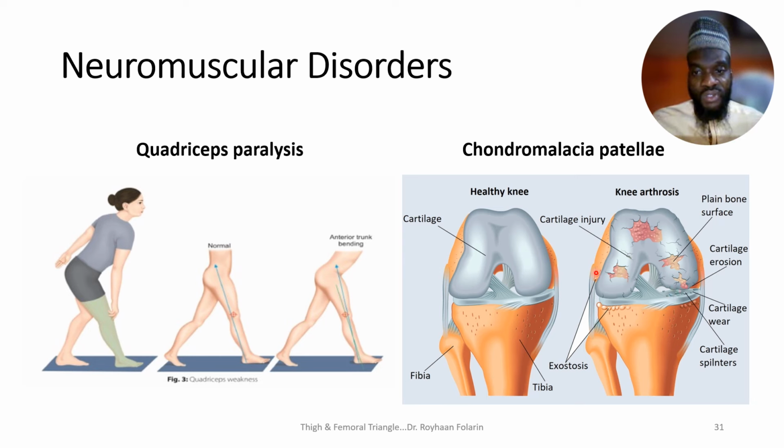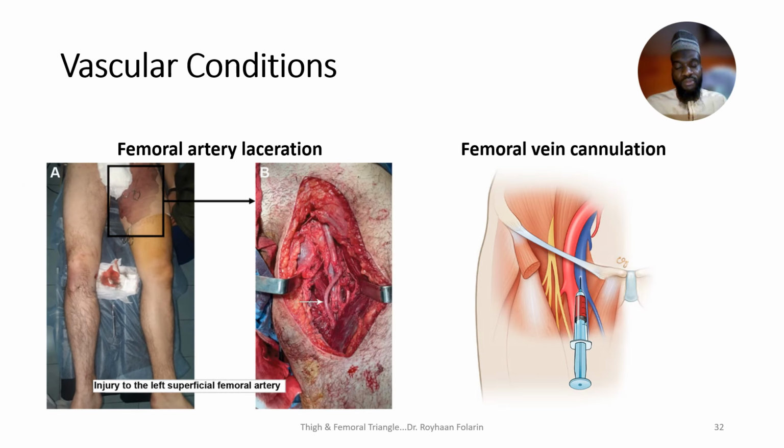So all of this is what happens in chondromalacia patellae. So chondro, like I said, refers to the cartilage, while malacia refers to the softening or the degeneration. So chondromalacia patellae is more like a softening of the cartilage of the patella. So these are neuromuscular disorders.